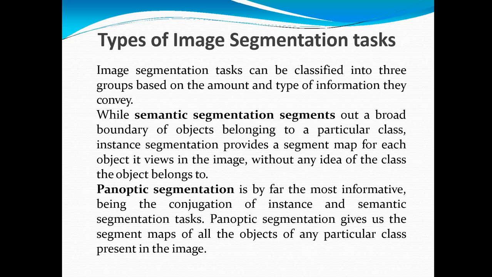Panoptic segmentation is by far the most informative, being the conjugation of instance and semantic segmentation tasks. Panoptic segmentation gives us the segment maps of all the objects of a particular class present in the image.